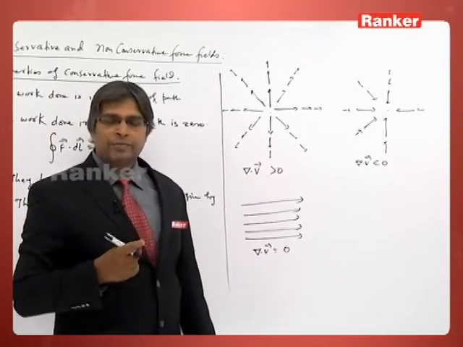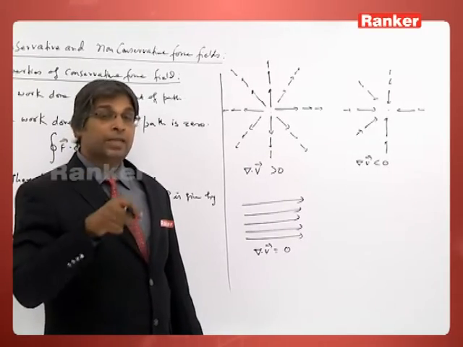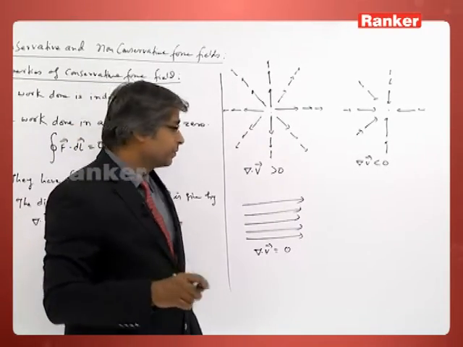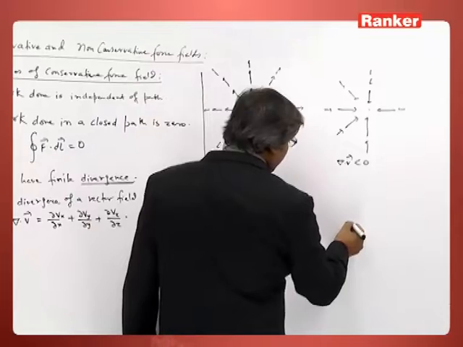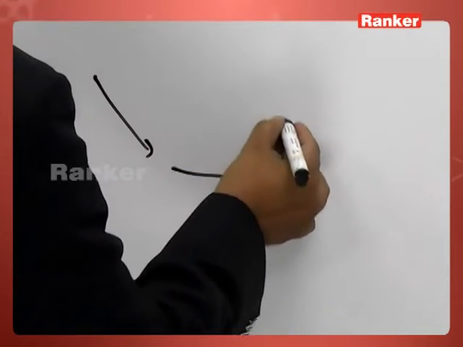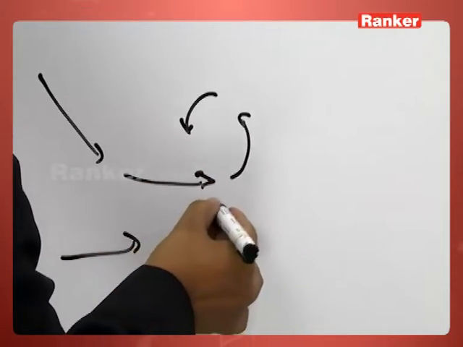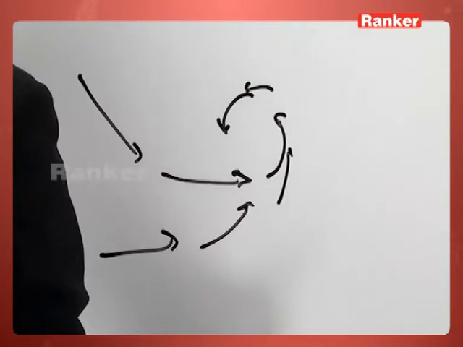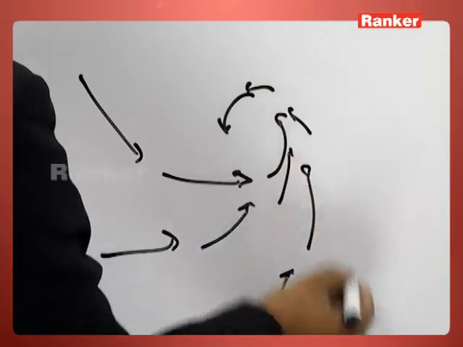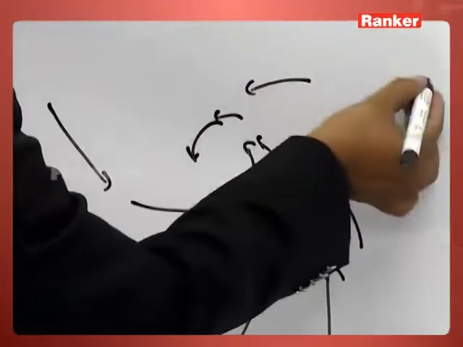There is one more point. We can have a field which has finite divergence and may not be a conservative force field. For example, if I have a tornado type field like this, if the field vectors are like this and they converge, these are the field vectors.